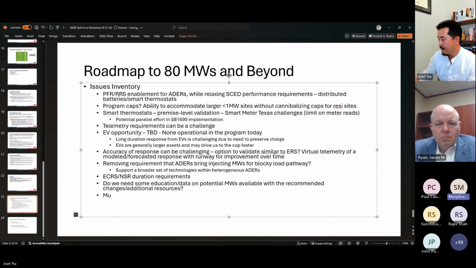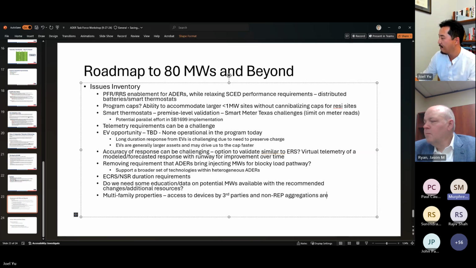So I guess you're raising a new point here. Multifamily properties, the barrier being the third-party access to devices, or the ability of a non-REP to aggregate? Yes, yes, both. Okay.